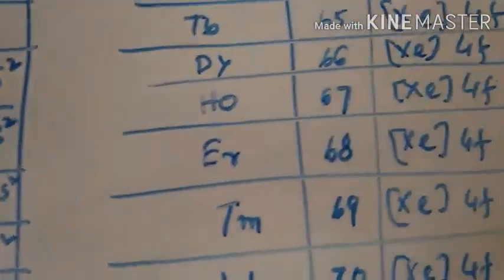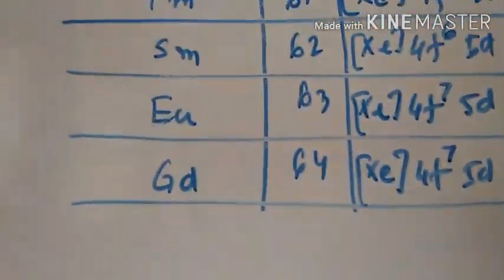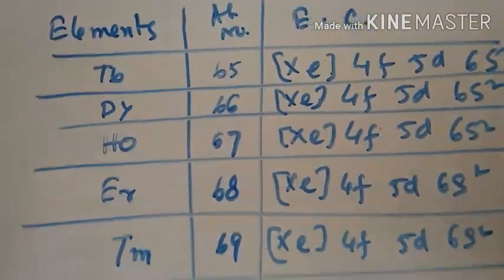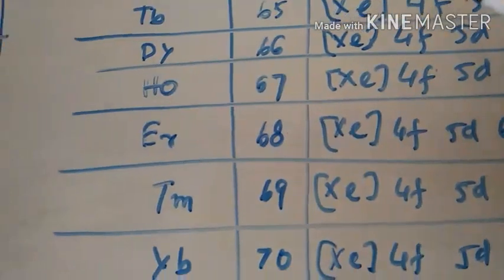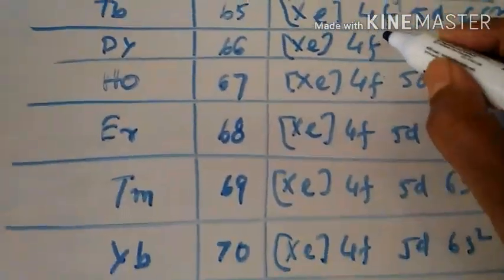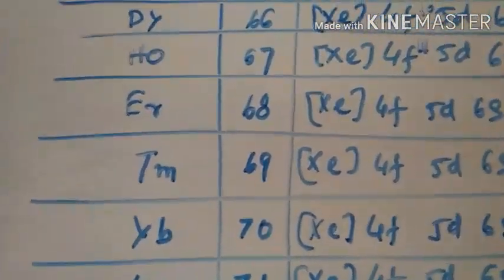And for terbium, next you can see, up to this point. Okay, for terbium it is 9. For dysprosium it will be 10. Holmium it should be 11.